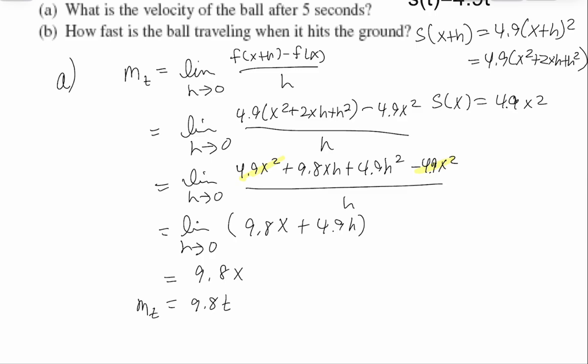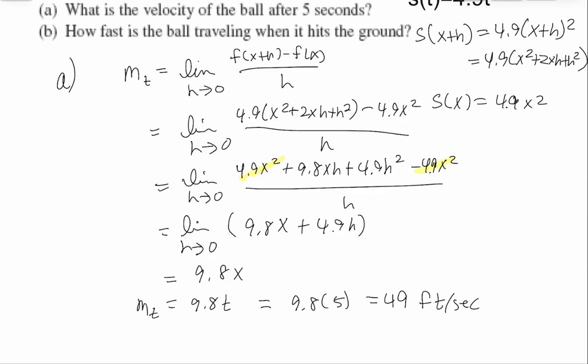So the answer to A is at 5 seconds, it's 9.8 times 5. And 9.8 times 5 is 49 feet per second.